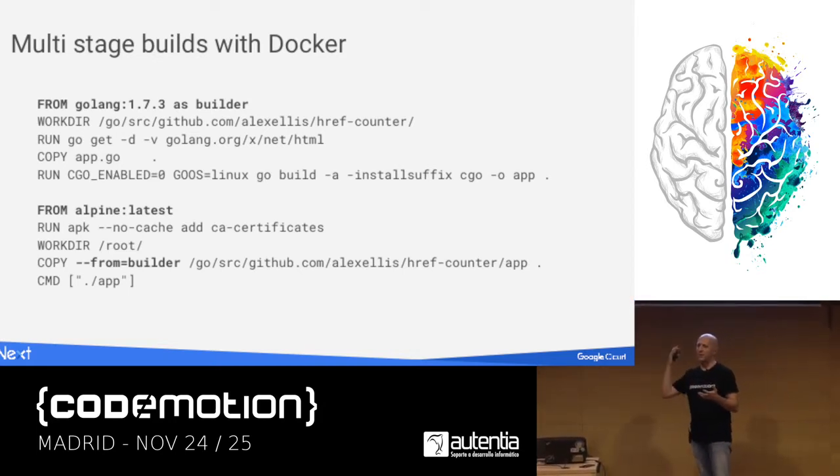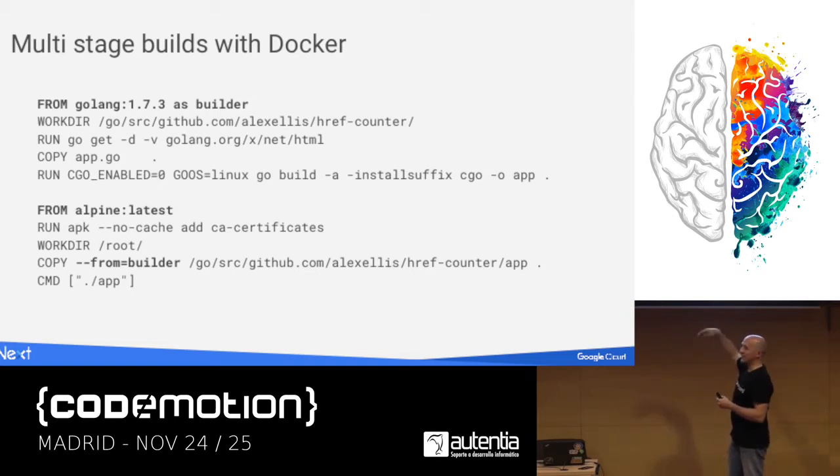But if I just go with my image that includes the Go compiler, then I'm going to end with something that is bigger than I need because Go doesn't need anything. Go is going to be a statically linked application. So you can just say, I'm going to have 2 different steps. The first one is going to go with the Go Docker image, which is a big one. And the second one is going to leave me with a much smaller, much leaner container. So that's the idea of multi-stage Docker containers, and in general, cloudbuild.yaml, which you can use to do the same thing.